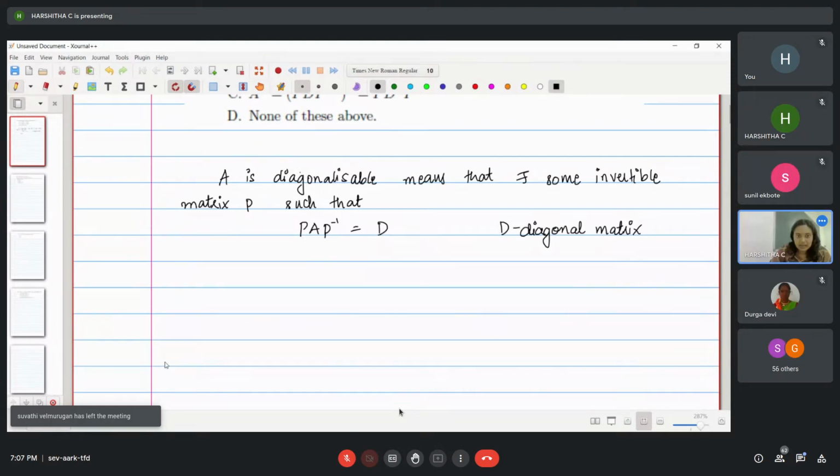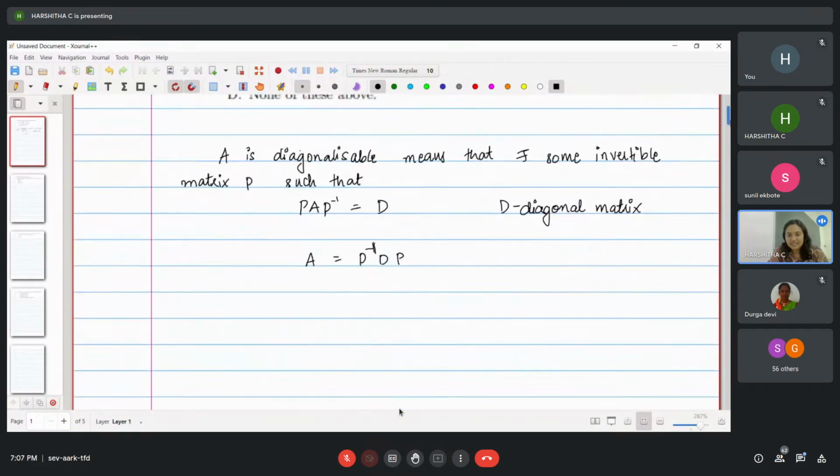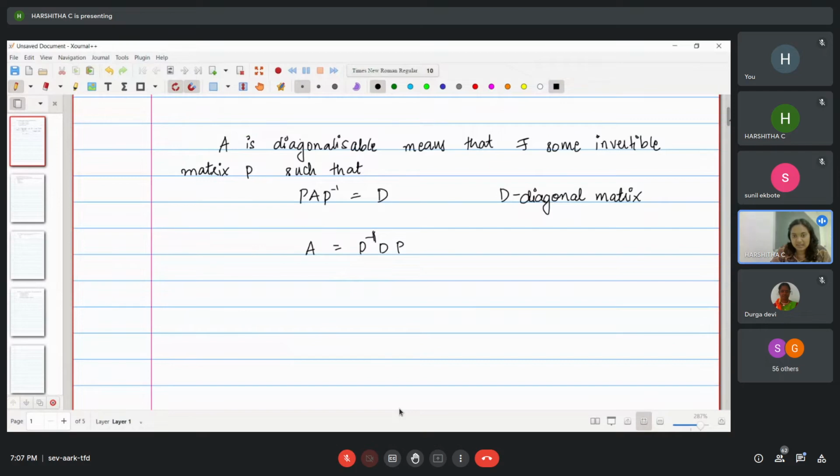So you take P to the other side, and you have A is P inverse D P. If P is an invertible matrix, then P inverse is also an invertible matrix.